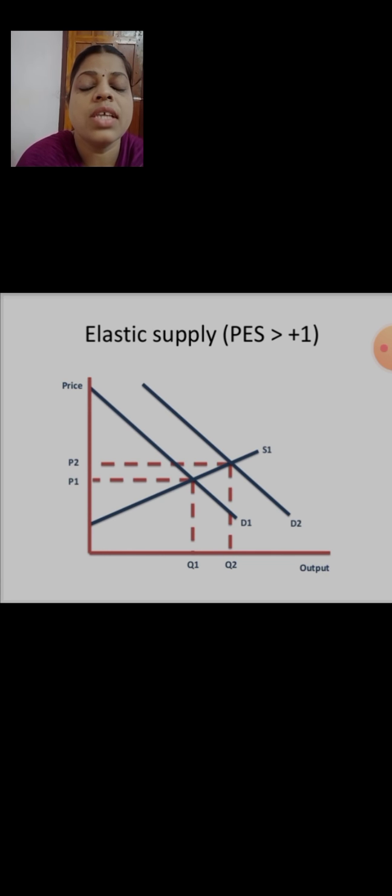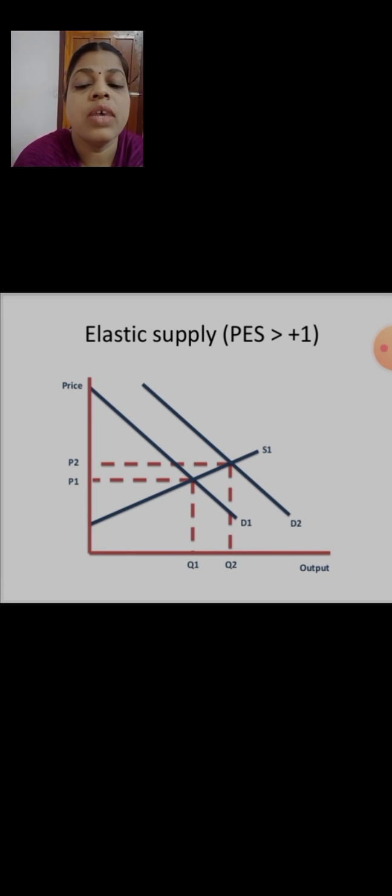So here we can see the OY axis and the OX axis. What is represented in the OY axis? The prices are represented in the OY axis and the output is represented in the OX axis.